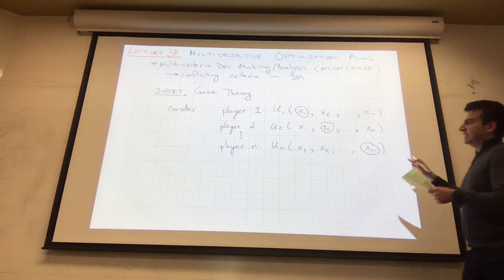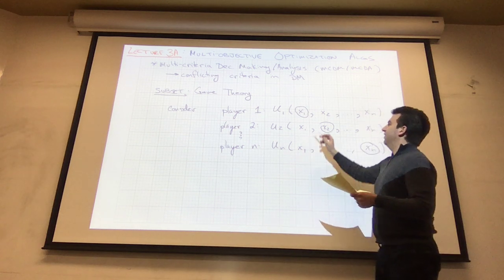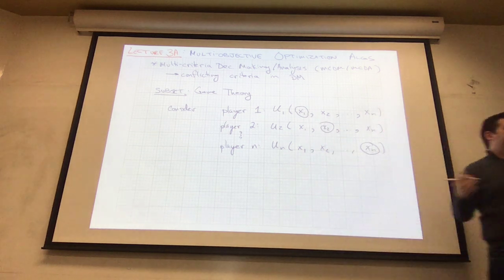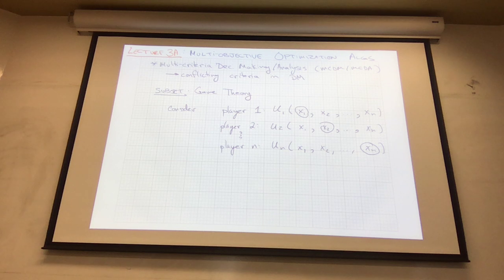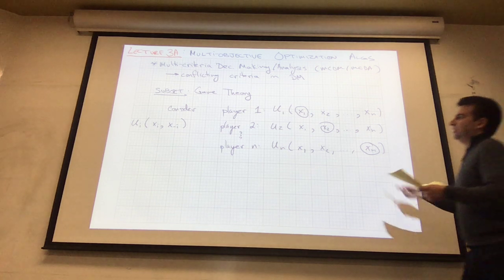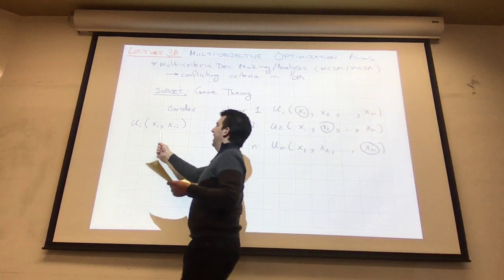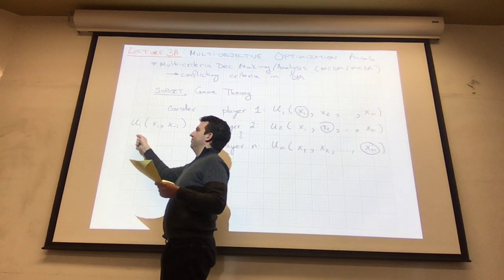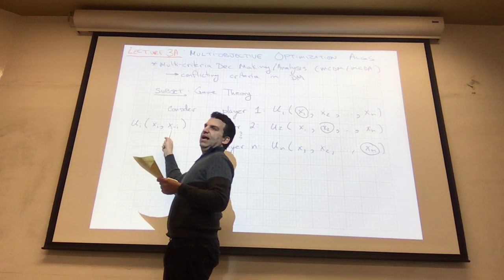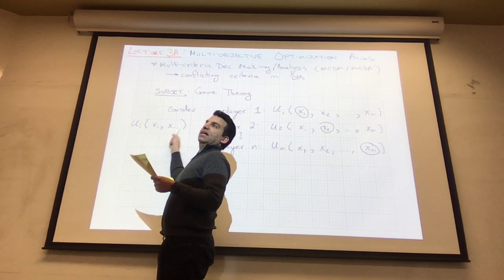Now, as a matter of notation, rather than me circling these things, very often we write these utility functions with this notation: u_i(x_i, x_{-i}). You can think of this, especially when these are vectors, as saying these are the variables that player i controls, and these are all the other variables that player i doesn't control.